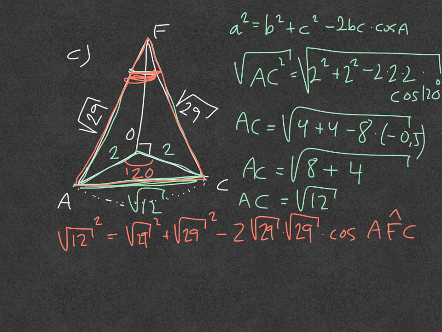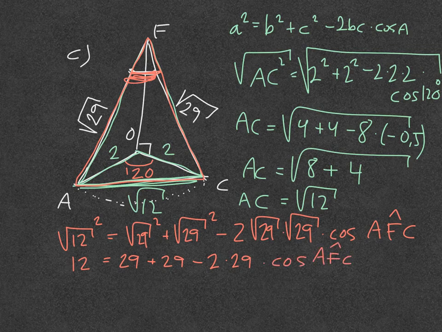Square root of 12 squared is just 12, and this is just 29 plus 29 minus 2 times 29, because square root of 29 multiplied with square root of 29 is 29. And then cosine of angle AFC.